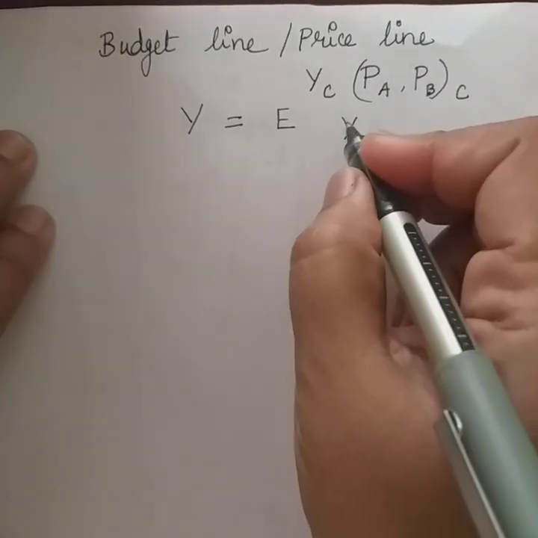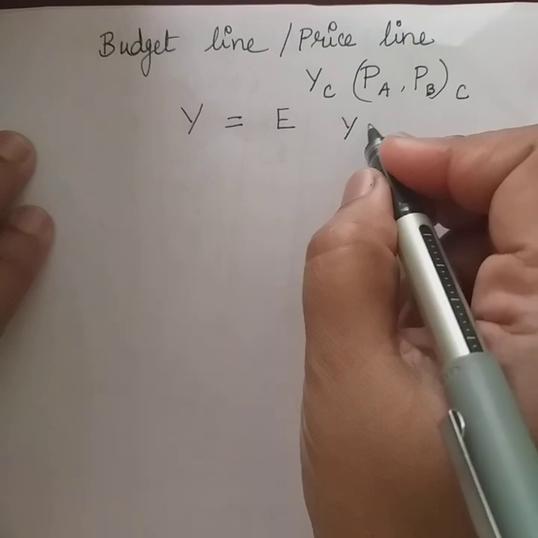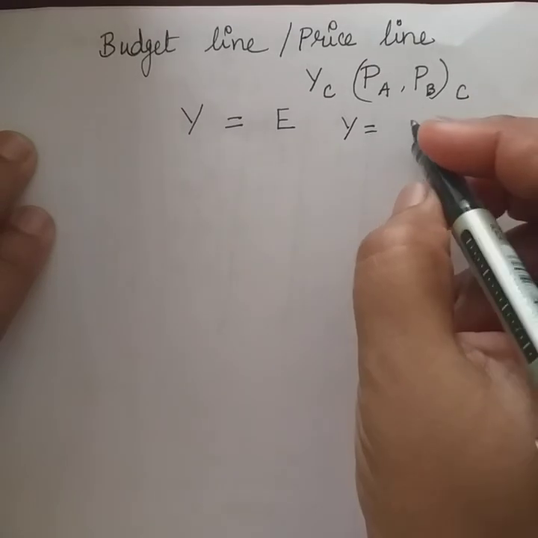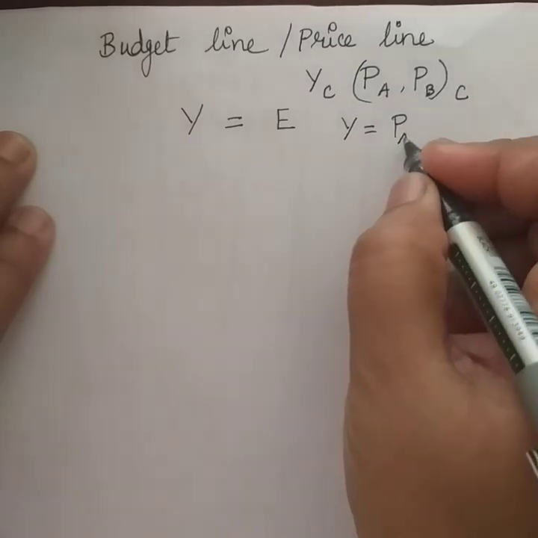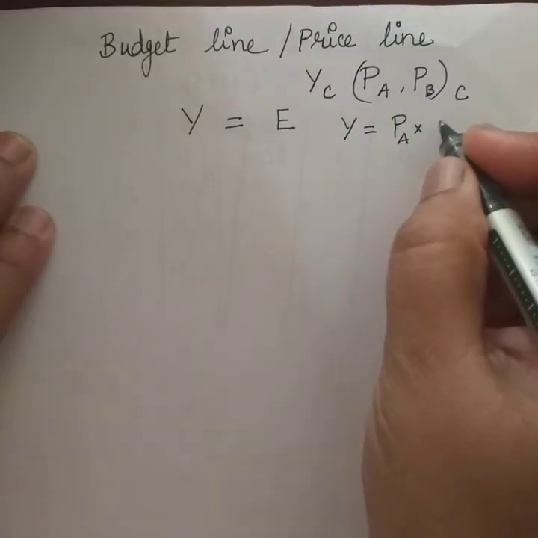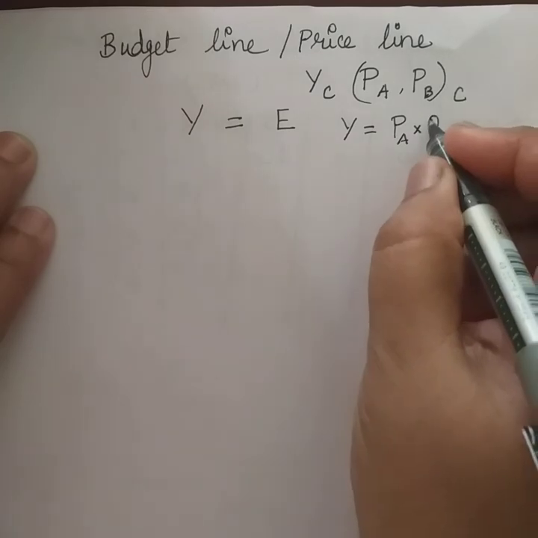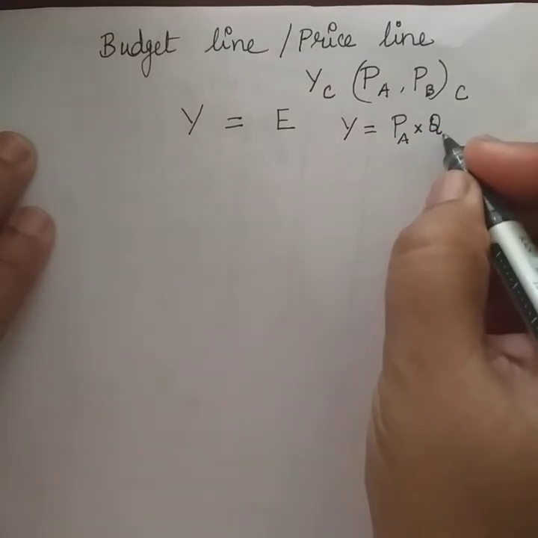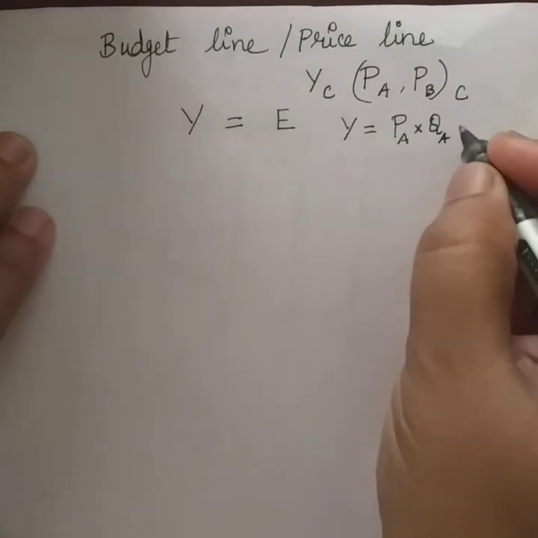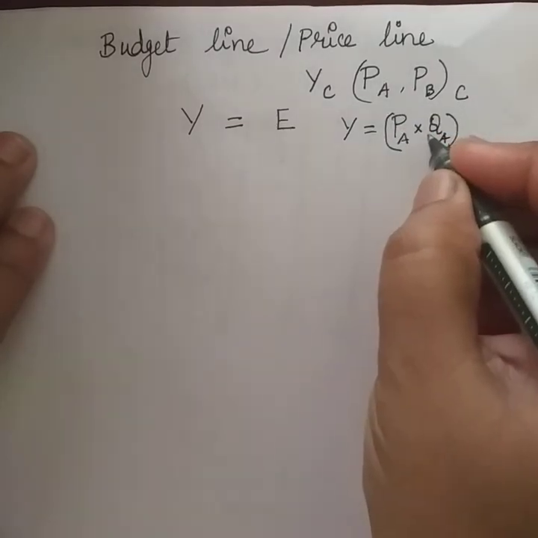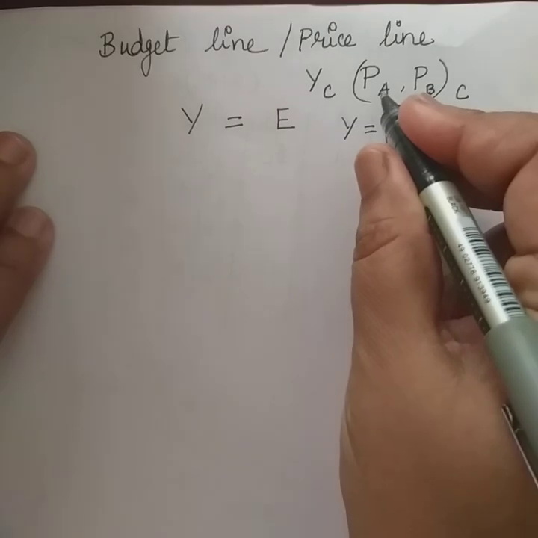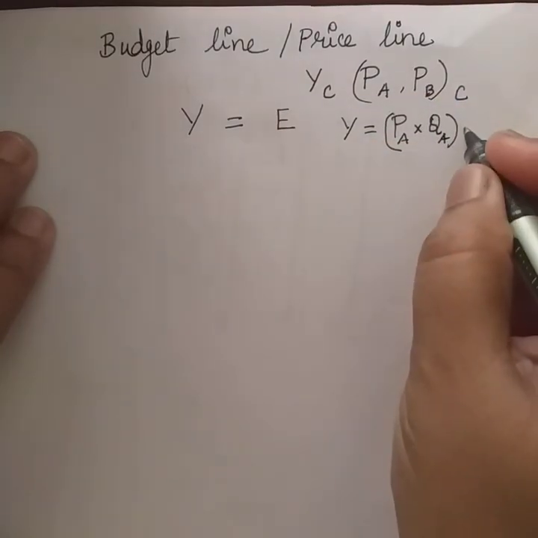The money income of the consumer will be equal to the price of commodity A into the number of units of commodity A that is purchased, which will be basically the expenditure undertaken on the purchase of commodity A, right?